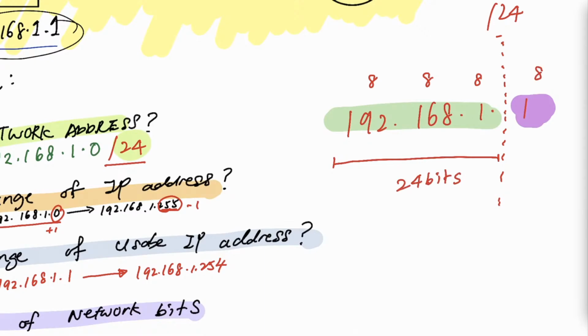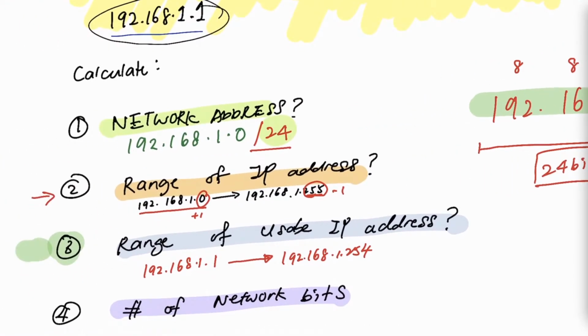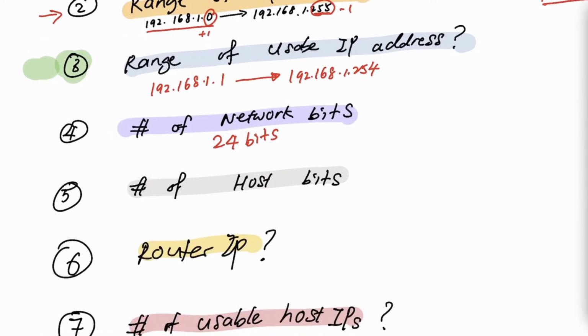For the host part, you have 8 bits, which means the number of network bits is 24 bits, and the number of host bits is 8 bits.